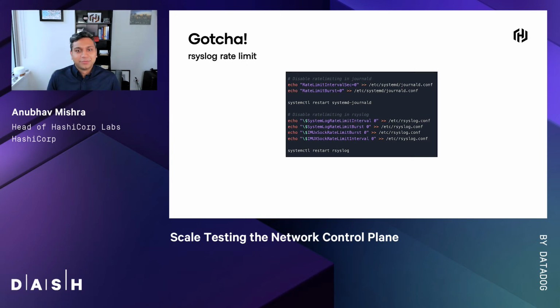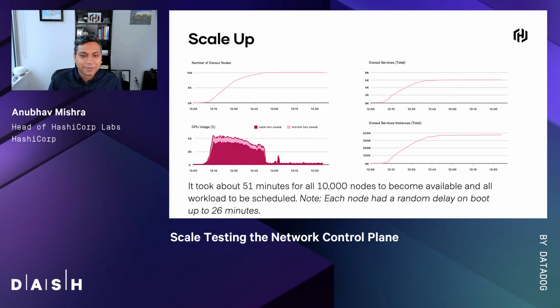And so what we thought was it was the Datadog agent not shipping logs, but it was actually our syslog. And all we did is change that rate limit and removed that rate limit from it. And this is some of the code that you can use to remove the rate limiting. But an interesting thing that we noticed, if you produce too many logs, there are system things that can prohibit you from sending all the logs up to Datadog.